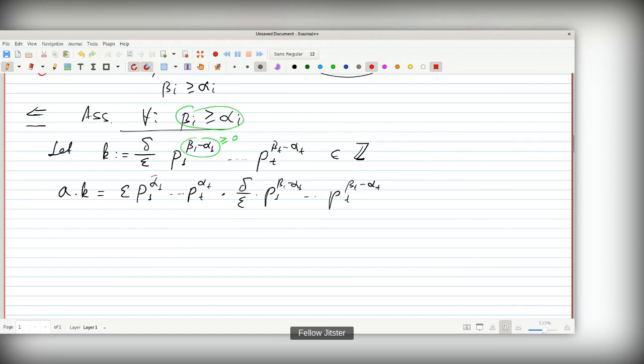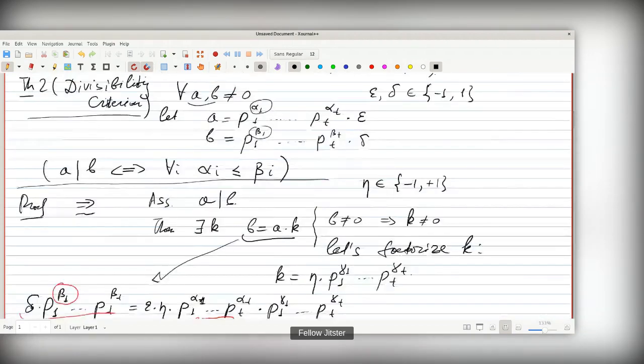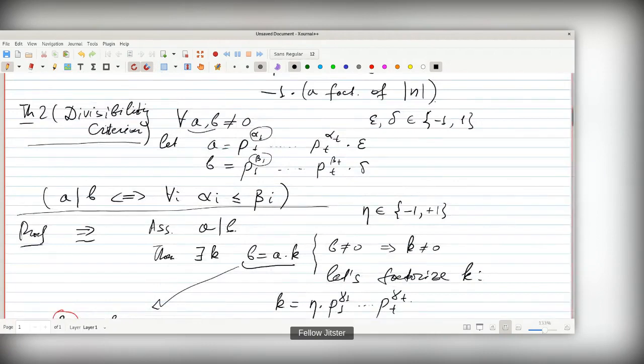And now we know that when multiplying these two, we will obtain p1 to the power beta 1. And the same for other primes, which is b. So indeed, b equals a multiplied by something. Hence, b is divisible by a. A divides b. So what does it mean? That means that, let me reiterate.